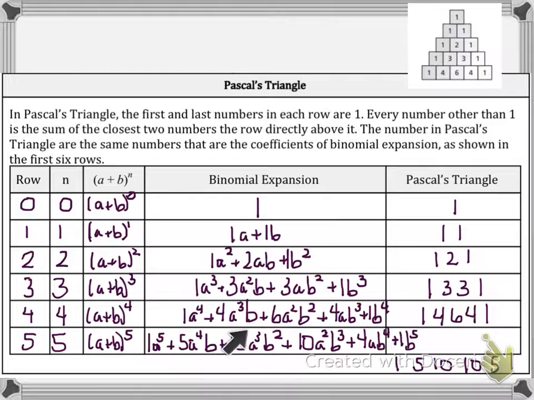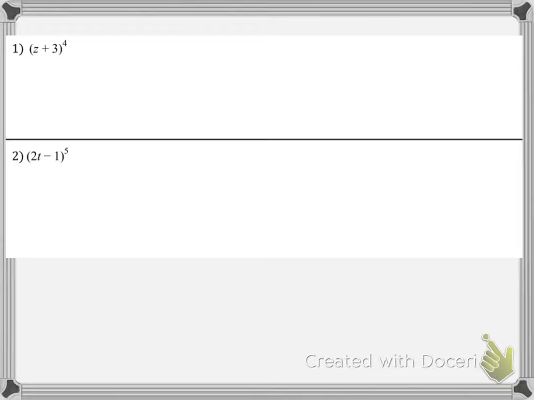Okay, so really it's just a matter of recognizing the pattern and understanding how the pattern works, and that way you'll be able to use it. Now let's go ahead and apply this. So you can always build the triangle first, and then if you understand the pattern, right? If you know you're going to the 5th row, count this as 0, 1, 2, 3, 4, 5, then you know your coefficients are 1, 5, 10, 10, 5, 1.